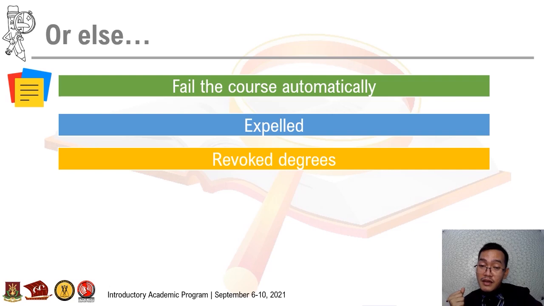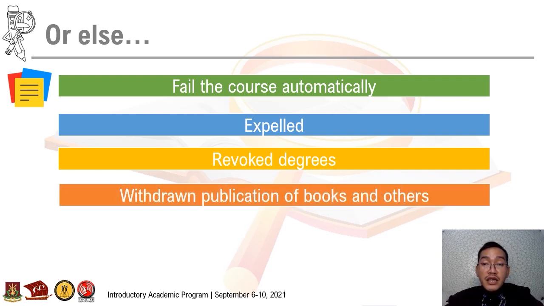What else? You published a book or research paper, and it was discovered that those works have plagiarized parts. What is done is they are withdrawn, removed from bookstores and from publications.